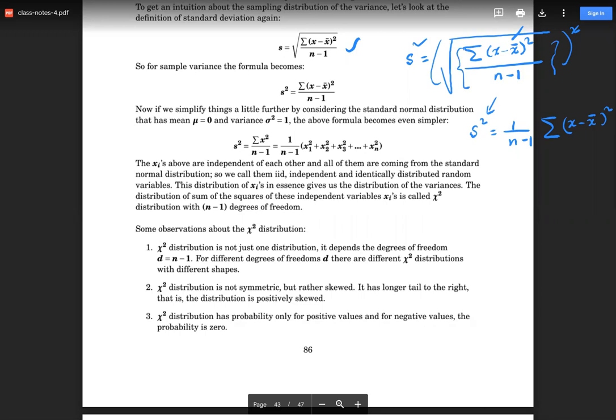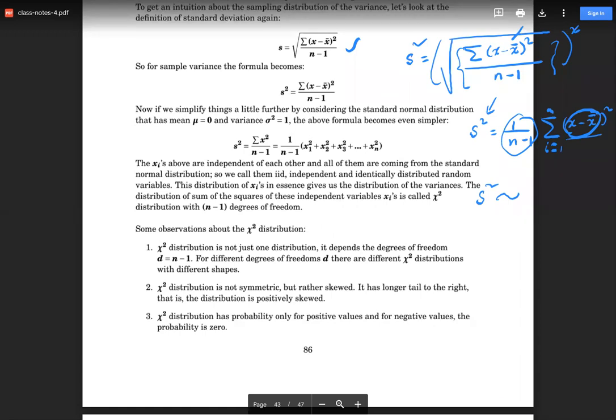Now, without going into detail, you can think of S square as follows. This 1 over n minus 1 is a fixed number. S square has a distribution that looks like this: for the sake of argument, let's call the squared differences x1, x2, x3. Even though technically i goes from 1 to n here, we are not going to get into the details, just for simplicity.